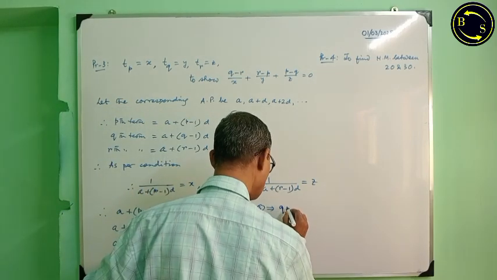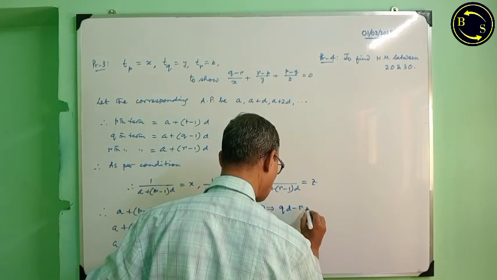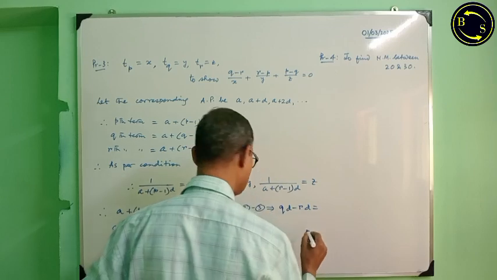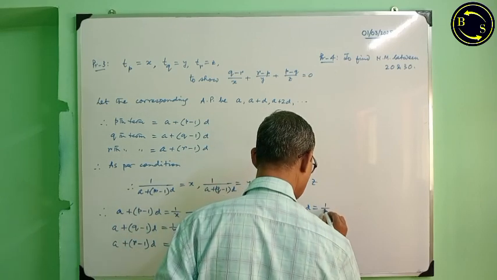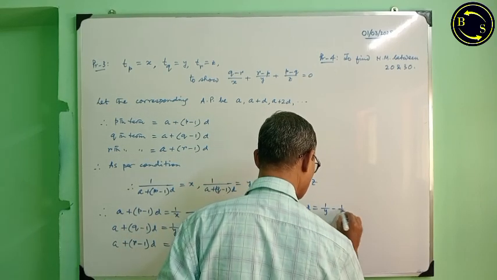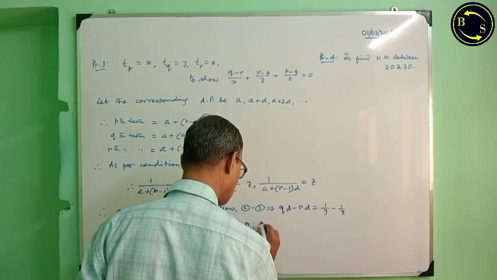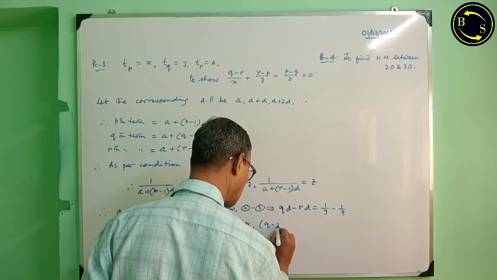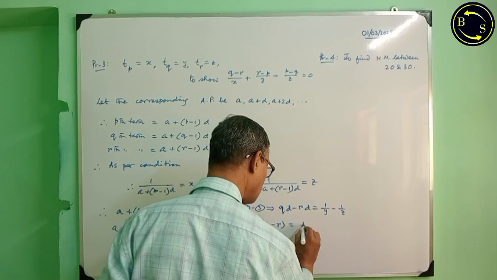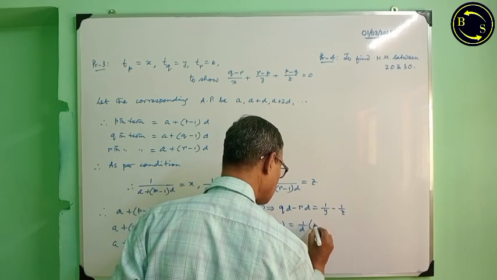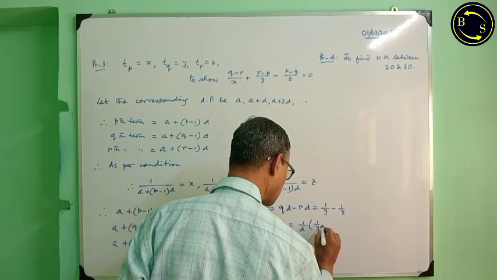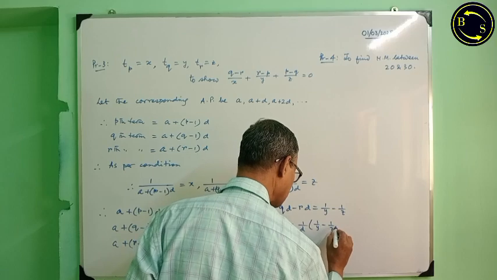Qd minus rd is equal to 1 by y minus 1 by z. So q minus r is equal to 1 by d within brackets (1 by y minus 1 by z).